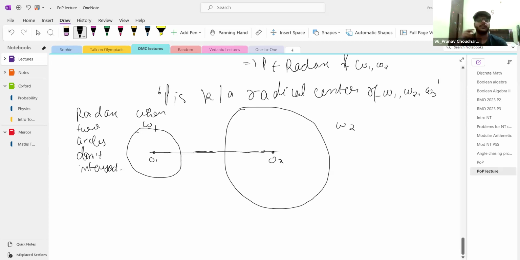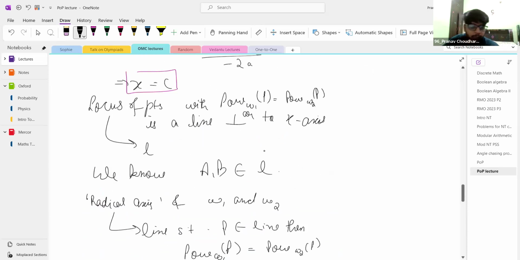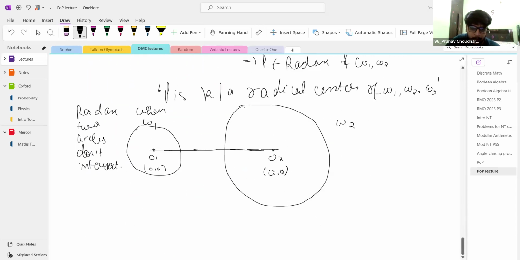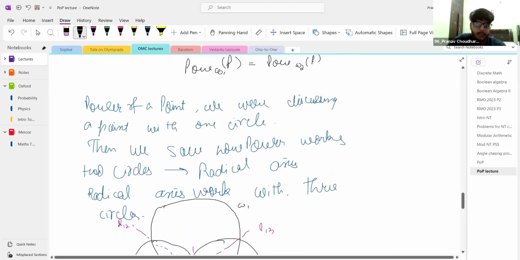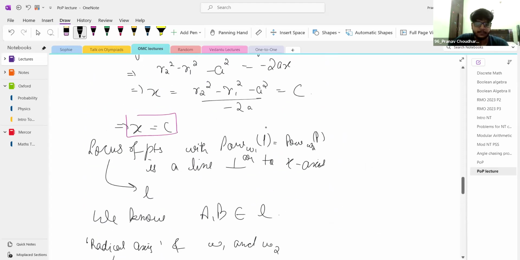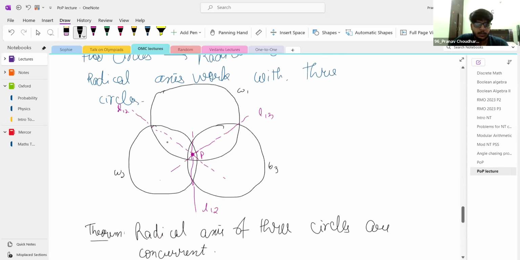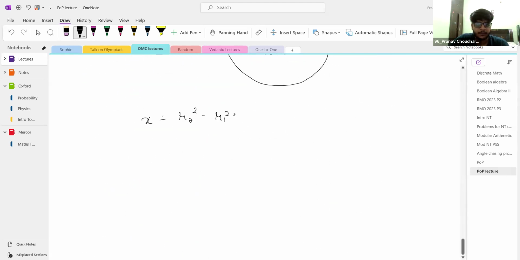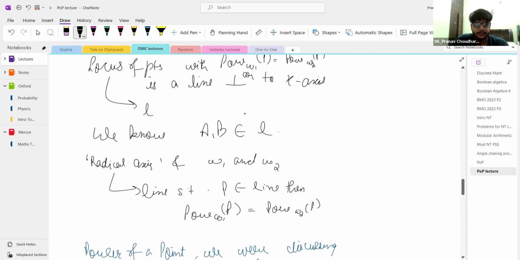So if we see the proof we did earlier, let's take O1 as 0, comma 0 and O2 as a, comma 0, and x, y is a random point which has equal power with both of the circles. Then I'll get that x equals this thing, right? So x is equal to r2 square minus r1 square minus a square by 2 minus 2a.